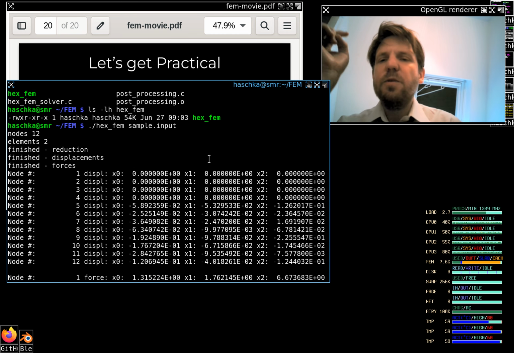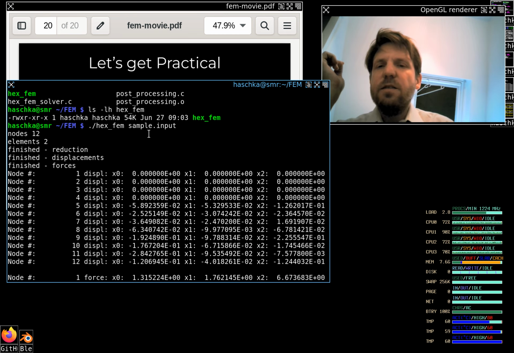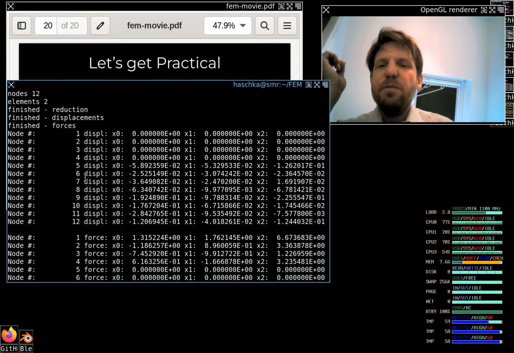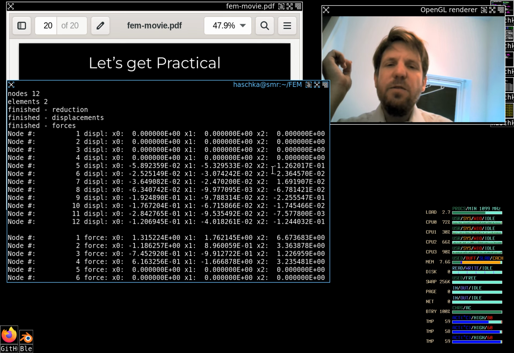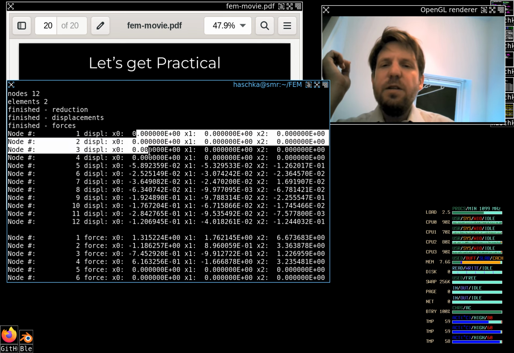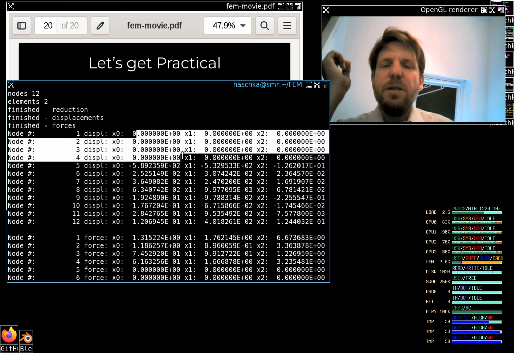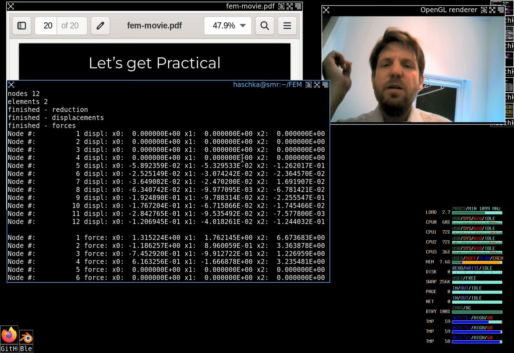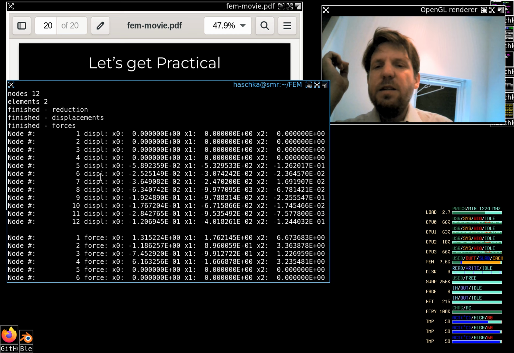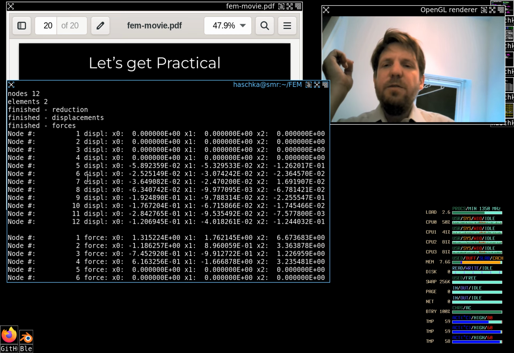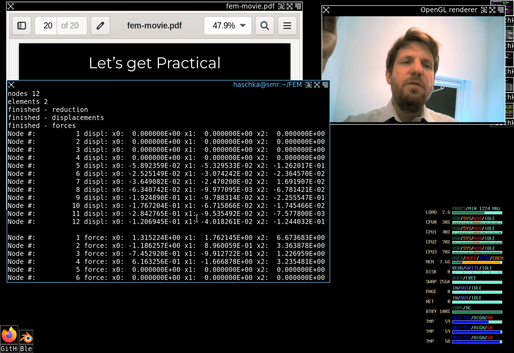So as you saw, you get the displacements of the nodes. Each node has an index, and you get the displacements of the nodes. There you have 4 where you don't get any displacement, so these are the fixed nodes. You see you have 12 nodes. I will show you in 3D what this looks like.